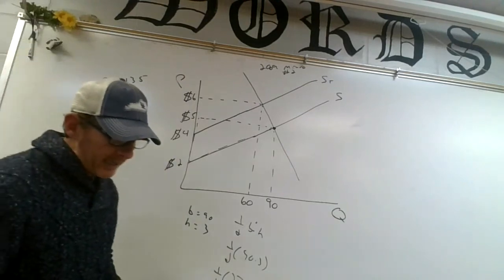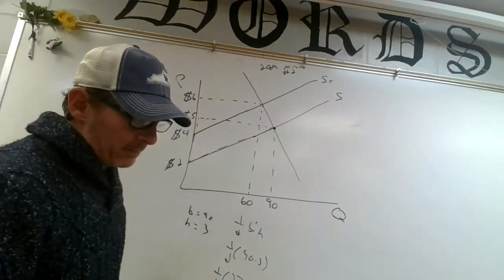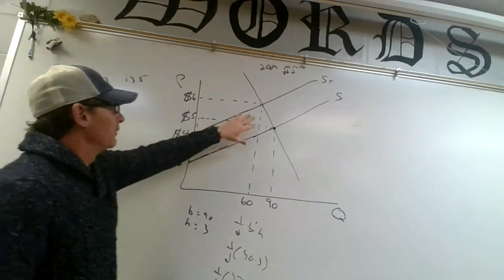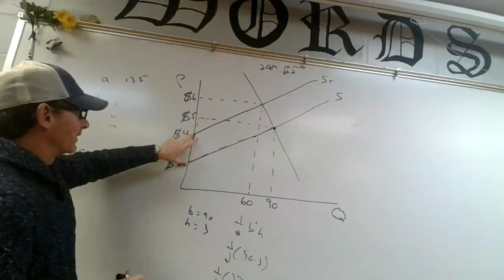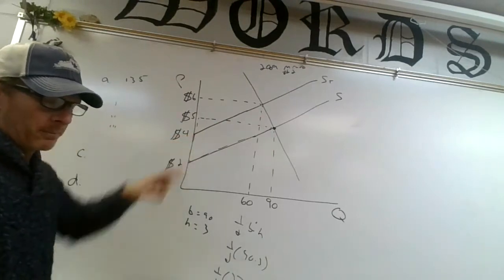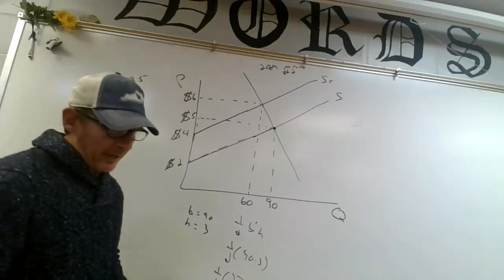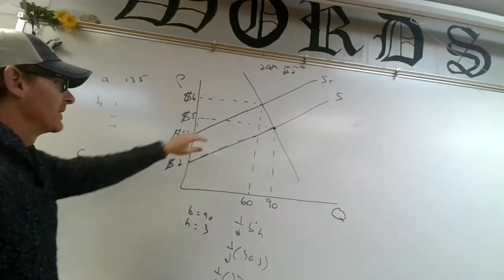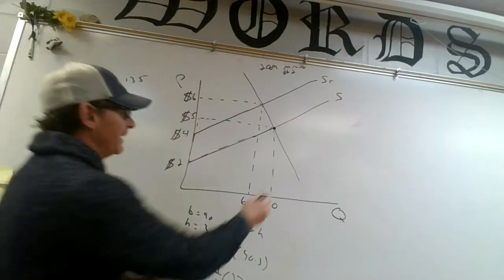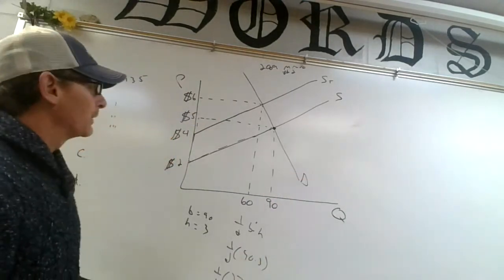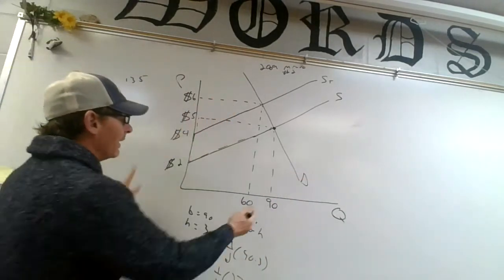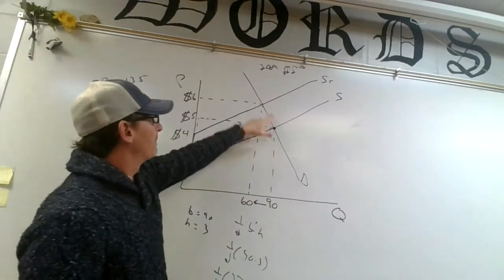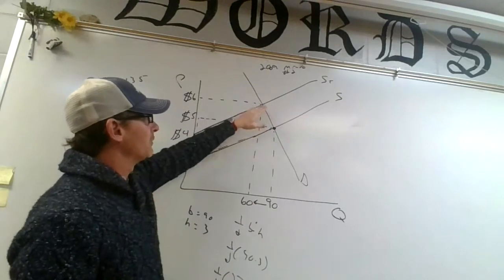For B, assume that we have a per unit tax of $2. We can tell because you can see that it stops here at 4 and starts at 2, so it's a $2 per unit excise tax. Calculate the amount of tax revenue. Because there's a tax, the quantity goes down to 60, moving up the demand curve with this new supply curve.